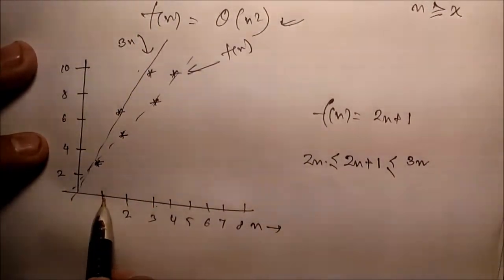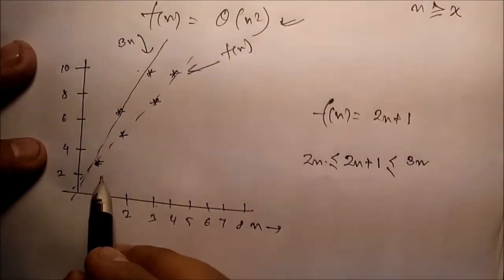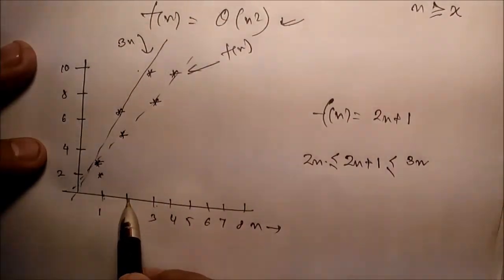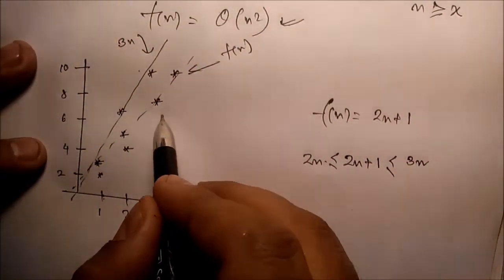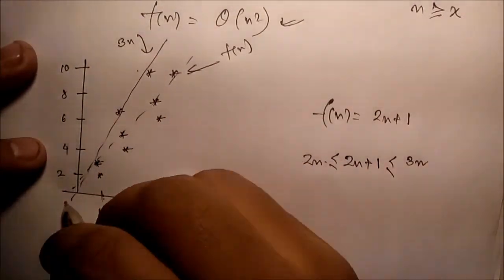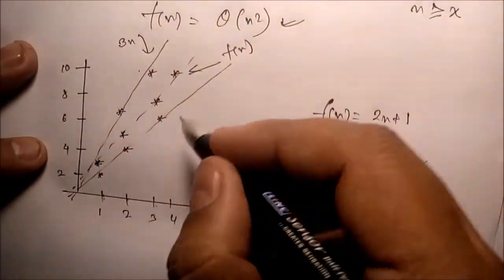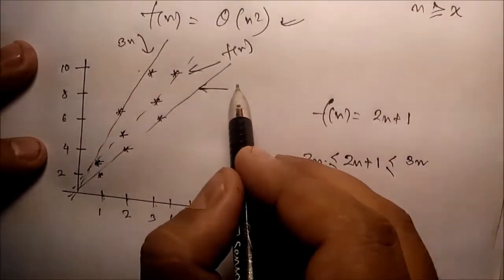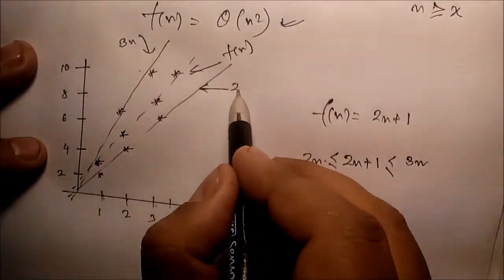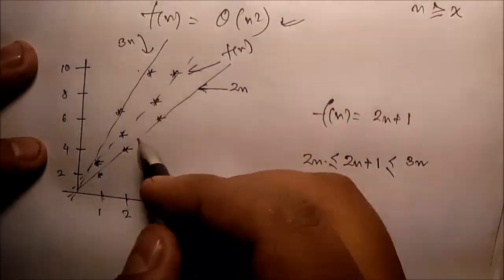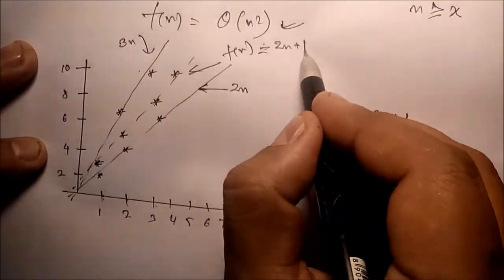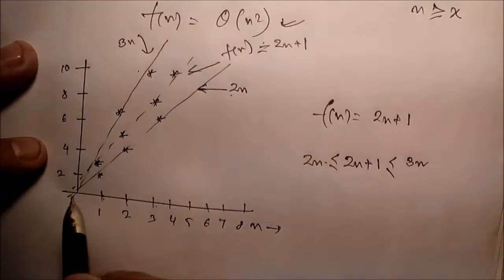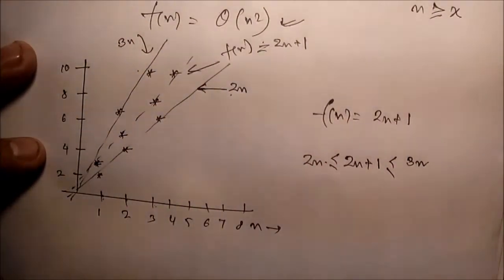If n is equal to 1, then it is 2. If 2, it is 4. If it is 3, then it is 6. So this particular line is Fn, that means 2n plus 1. This particular line is 2n. This particular line is 3n.